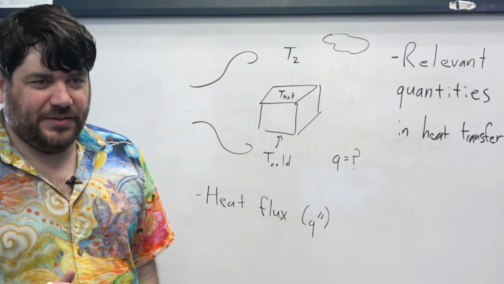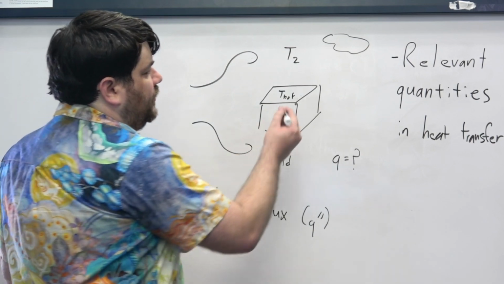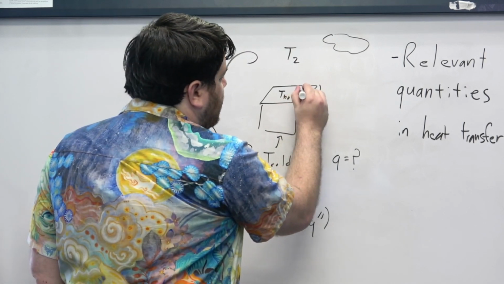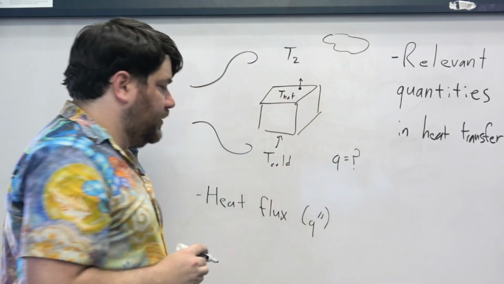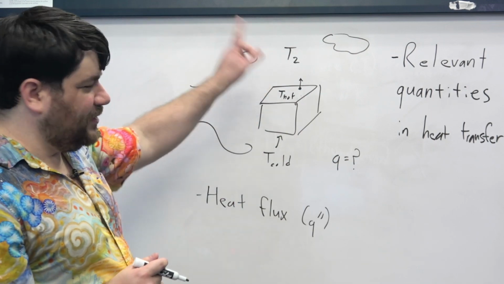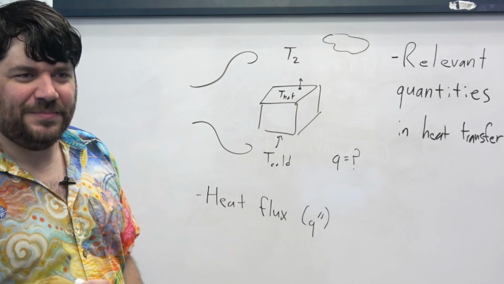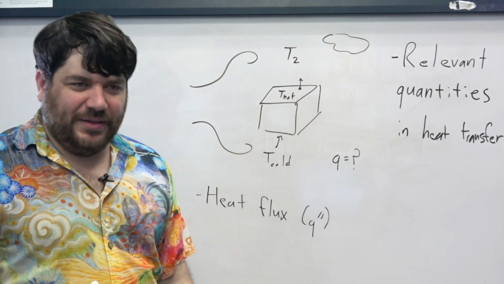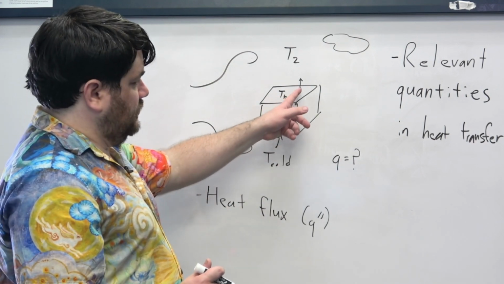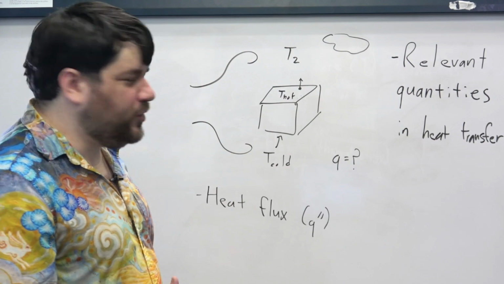And how we're going to define heat flux is that we're going to say, well, maybe on a specific point of this top surface, there's a little piece of this Q that's leaving the object, or coming in. We're going to assume that it's leaving just for consistency of arrow drawing. But we can imagine that there's a little chunk of heat that's leaving off the top surface.